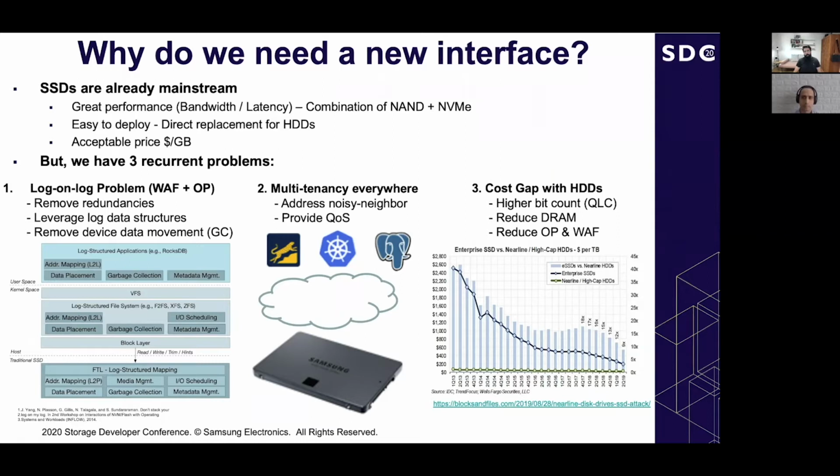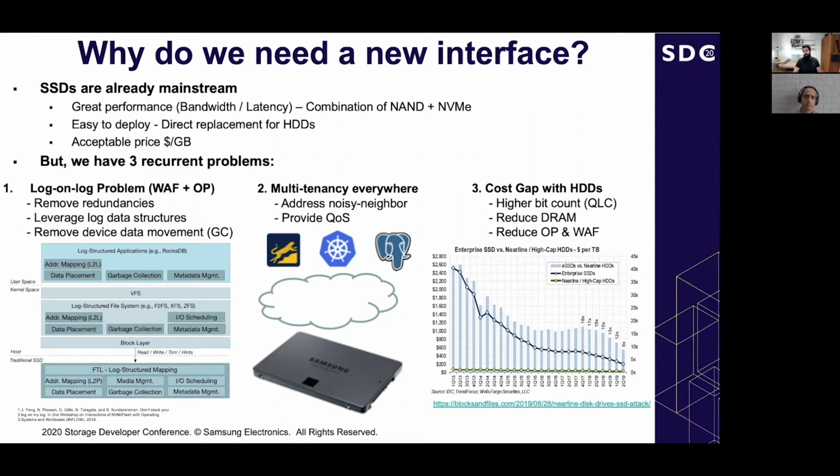The first one is the problem of the log-on-log. This basically means we have a lot of work in software stacks that do a big effort in trying to do append-only workloads. You can see this at application level, like log structure merge trees. You can see this at a file system level with file systems like F2FS or Btrfs that try to be log structure and more flash friendly.